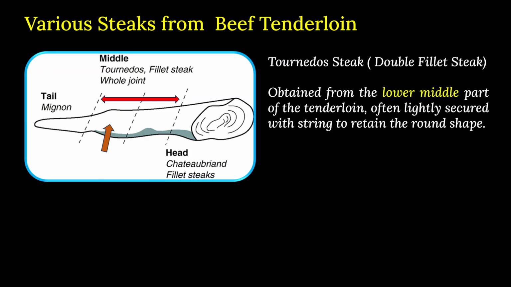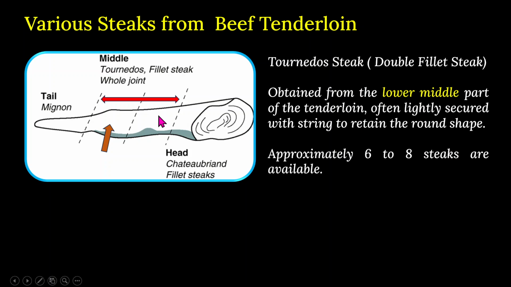It is obtained from the lower middle part of the tenderloin, often lightly secured with a string to retain the round shape. Approximately 6 to 8 steaks are available from this region, and the weight is now decreased, almost 100 grams each.